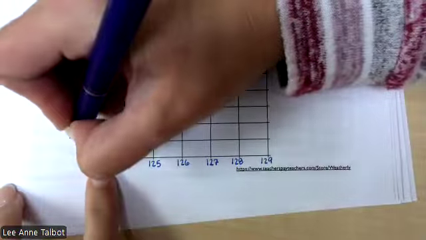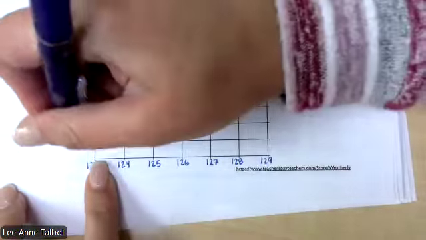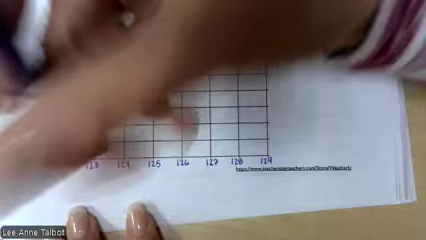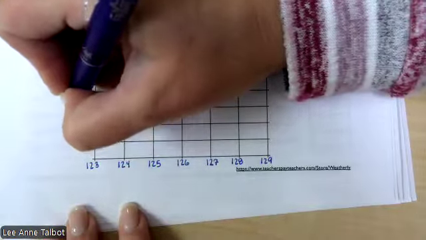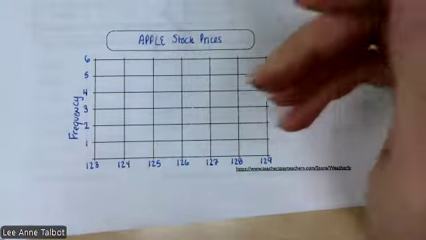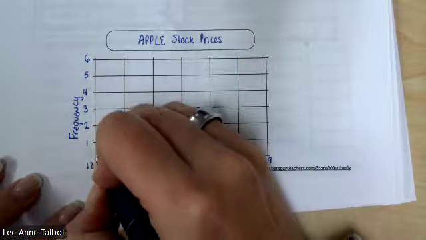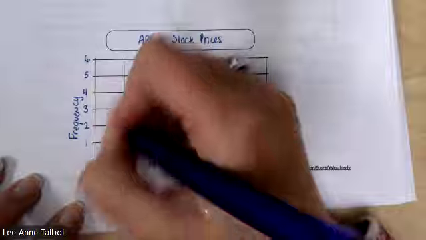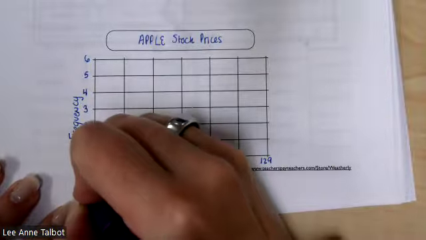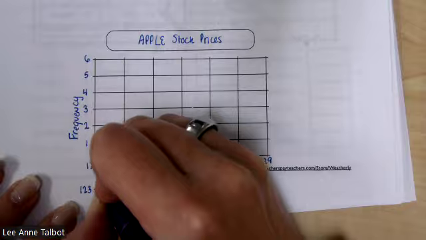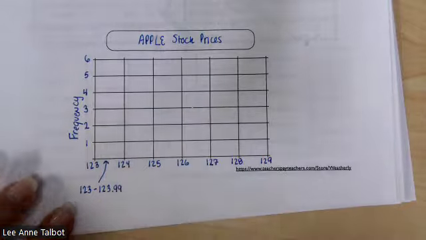So we label it by ones and you label it frequency. Frequency is how many times it happens. So a reminder, this is called a bin, by the way. And this bin is 123 to 123.99.